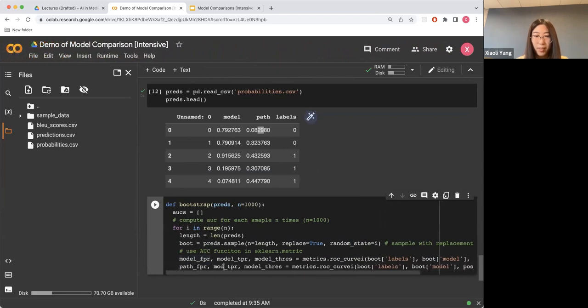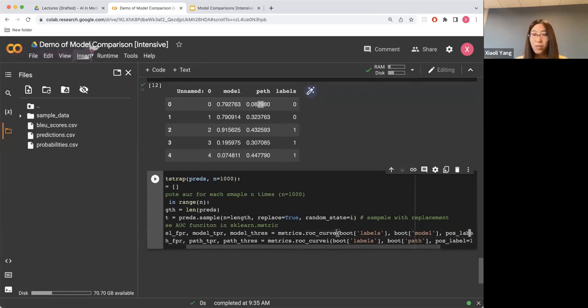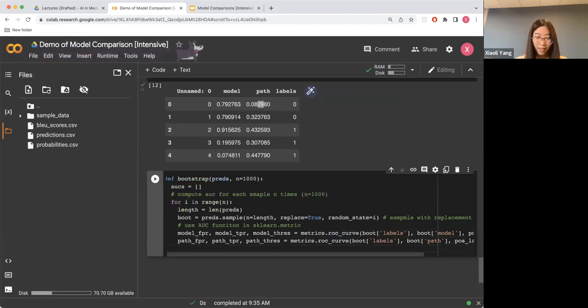Path, and path. We change this part. Path. Okay. Oh, this is a typo. Okay. And then we figure out the AUC value.